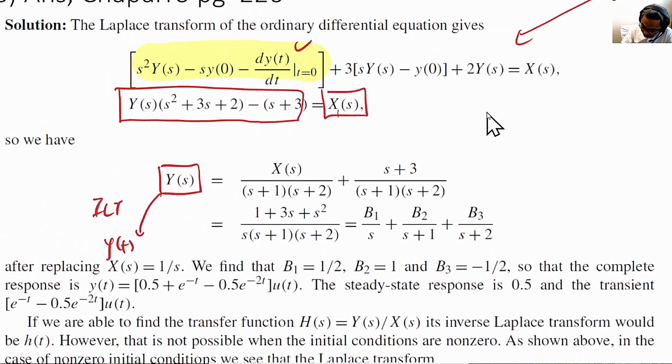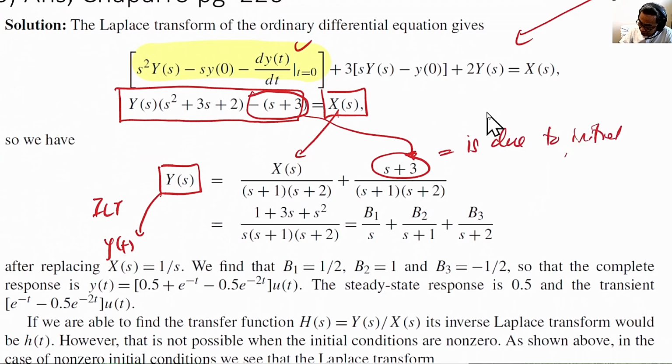So we have X(s) over this, plus this expression here. You'll realize that all the values on the numerator are due to the initial condition. Because the initial condition is non-zero, the numerator is non-zero. If the initial condition is 0, this numerator will become 0.